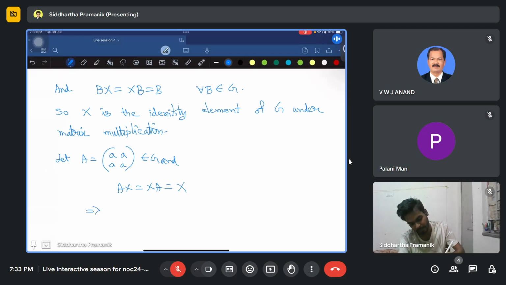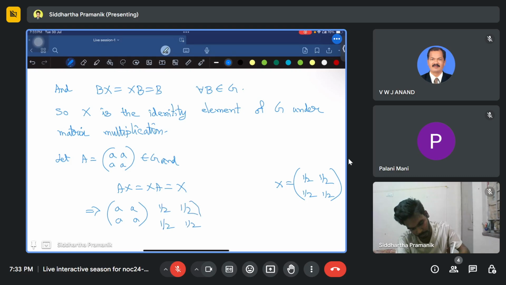So that means 2AX, sorry, remember our X is 1 by 2 in all four coordinates. So this product, 1 by 2, 1 by 2, should be the same as 1 by 2.